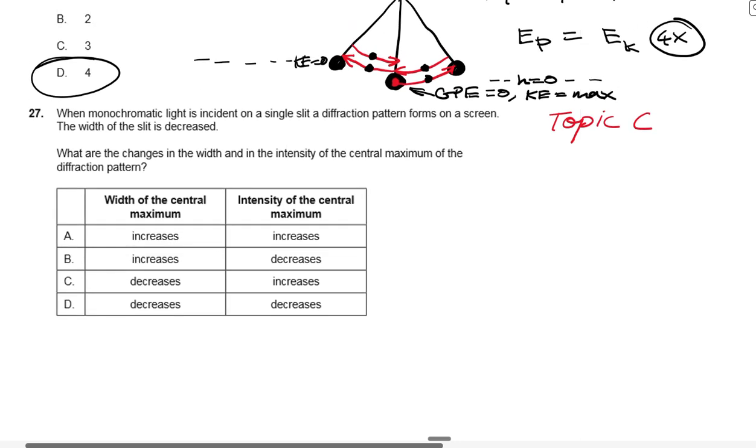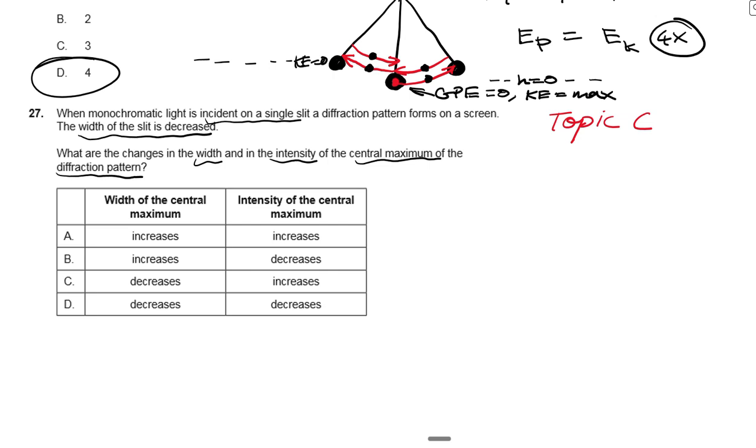Now, when monochromatic light is incident on a single slit, a diffraction pattern forms on a screen. The width of the slit is decreased. What are the changes in the width and the intensity of the central maximum of the diffraction pattern? And so we have our formula, right?